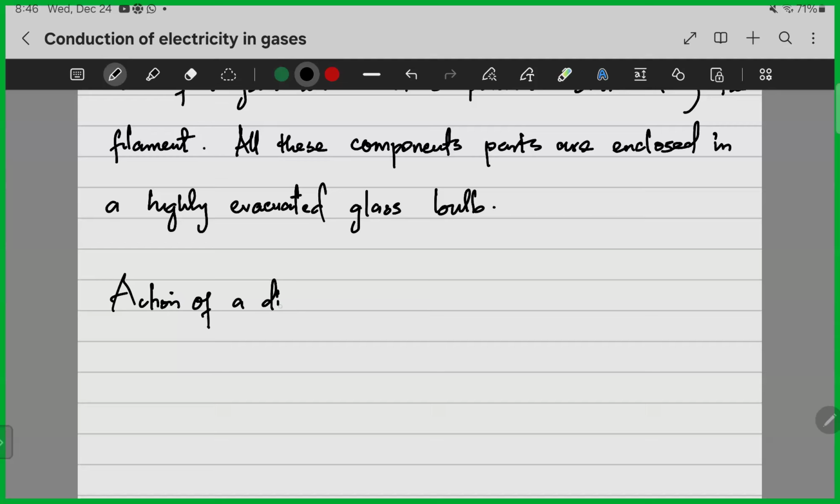Action of a diode. Diode characteristics.